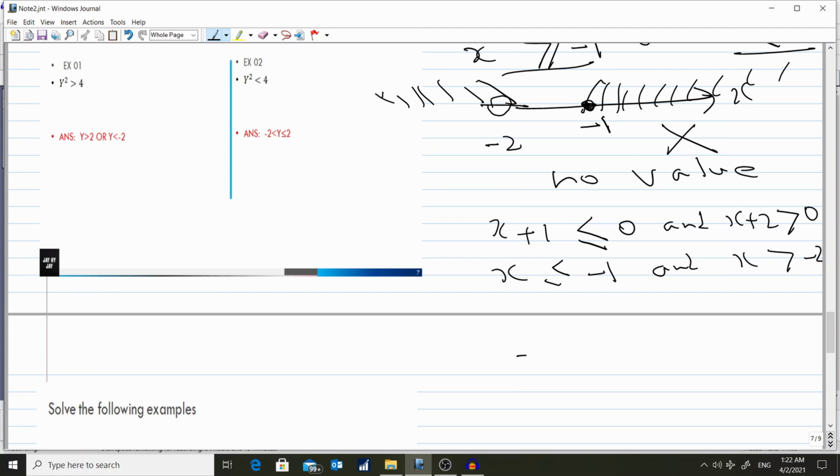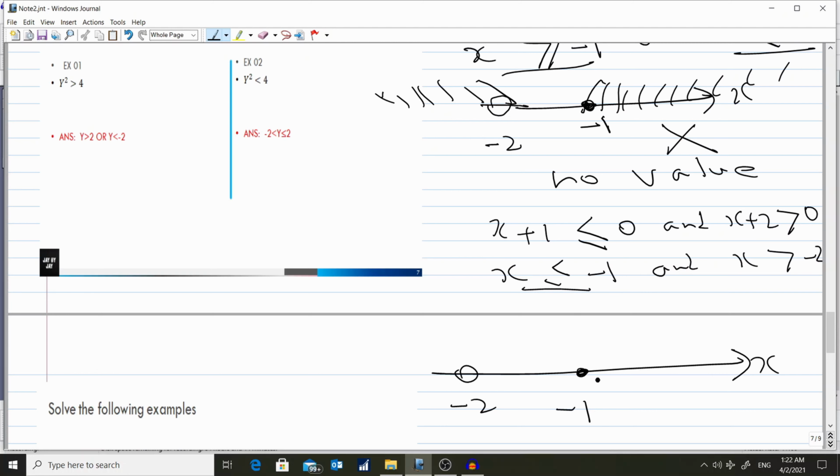Therefore, for the common region of this example, minus 1 we need to mark like this, minus 2 marked like this. Sorry about that. We need to draw it again. Here minus 1 will look like this, minus 2 will look like this.